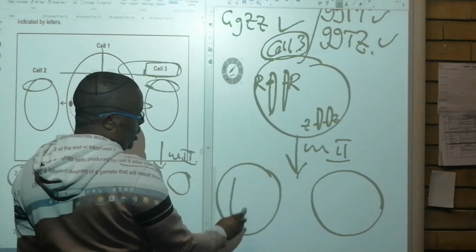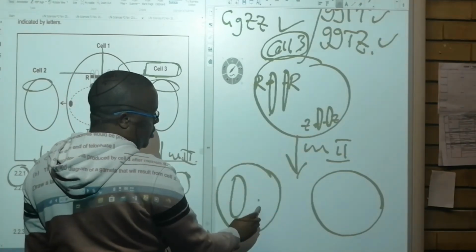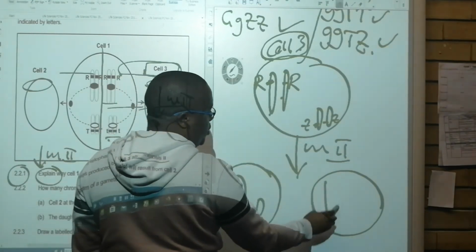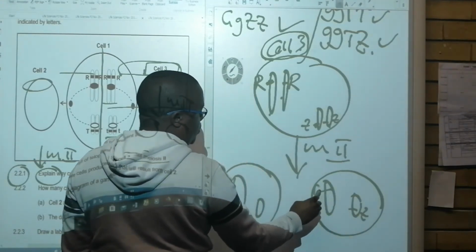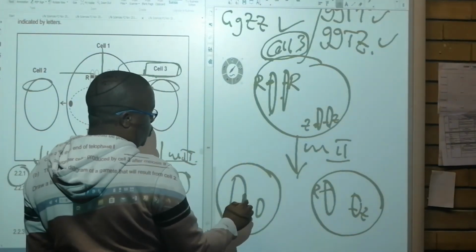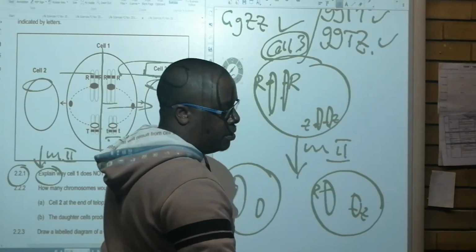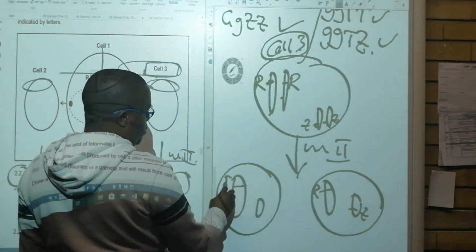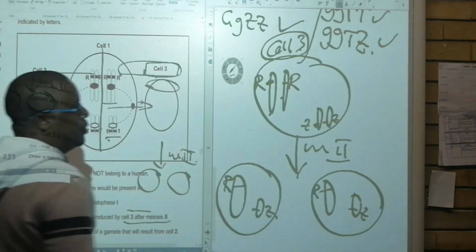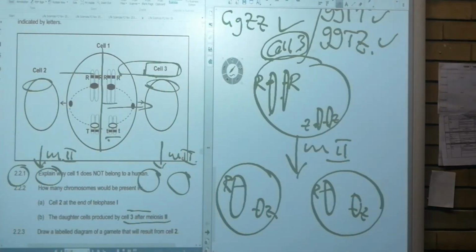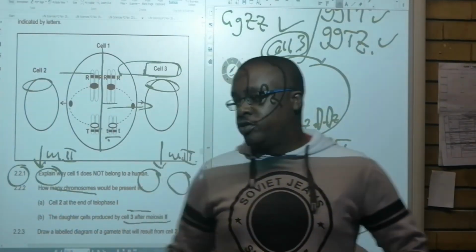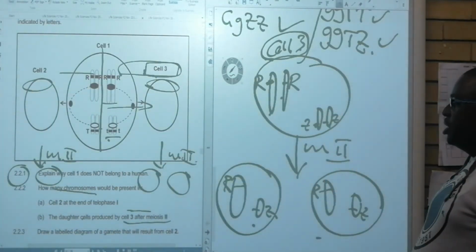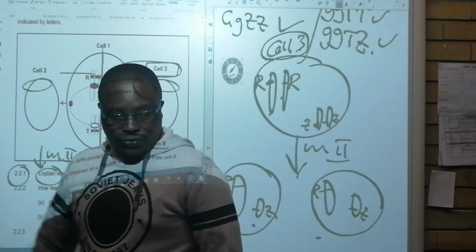This one will end up in here, this one here, this one here, and this one here. What is the question? How many chromosomes will be in the daughter cells? What is the answer? 2 chromosomes in each daughter cell.